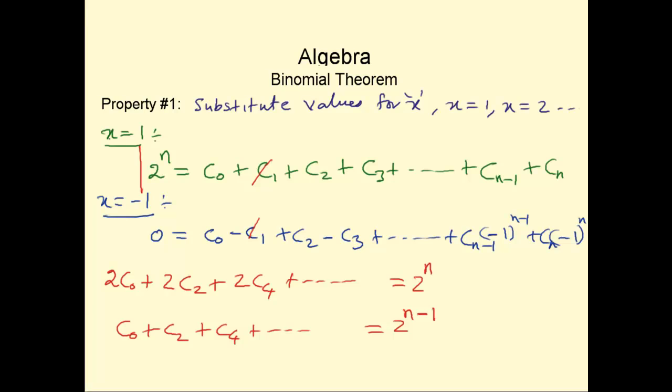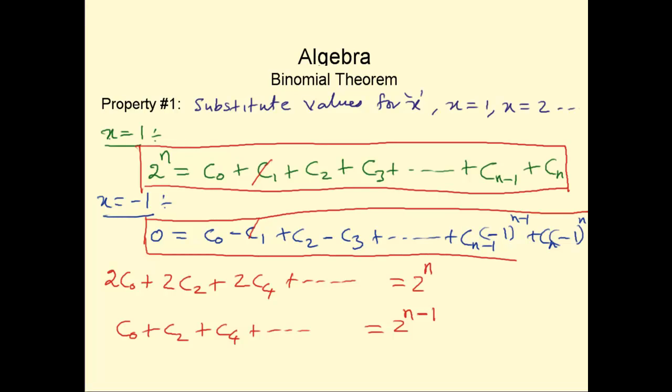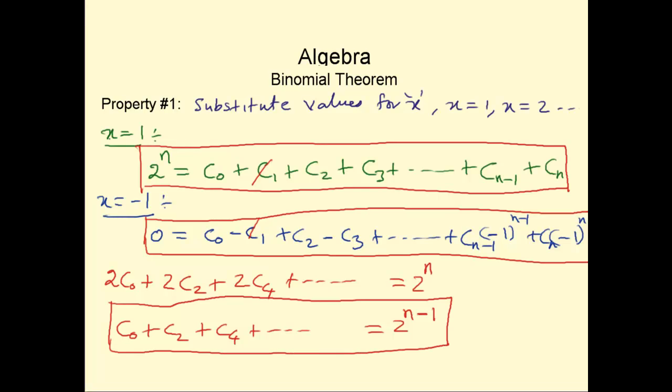The first equation is C0 plus C1 plus C2 plus C3 and so on is 2 to the n, and the second equation is the alternate plus minus is 0, and the sum of just the even binomial coefficients is 2 to the n minus 1.